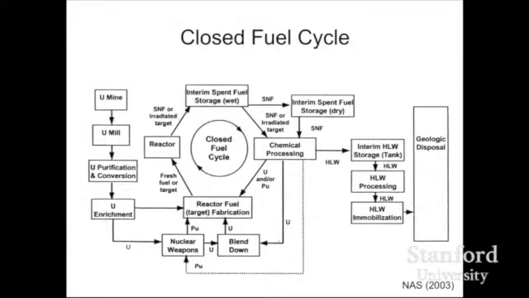The closed fuel cycle is one in which we add chemical processing, in which once the fuel comes out of the reactor, it's dissolved and we can reclaim a variety of radionuclides. Mainly, we're interested in reclaiming the uranium and then the plutonium-239. The plutonium can be mixed with uranium into a fuel, a mixed oxide fuel, which I'll discuss a little bit more in a moment.